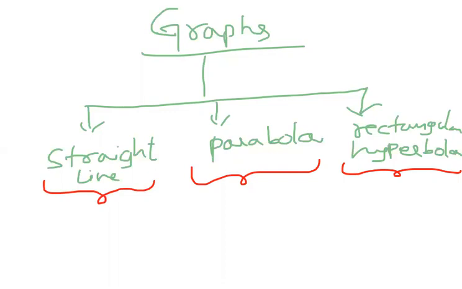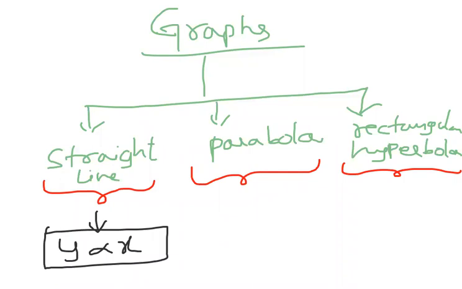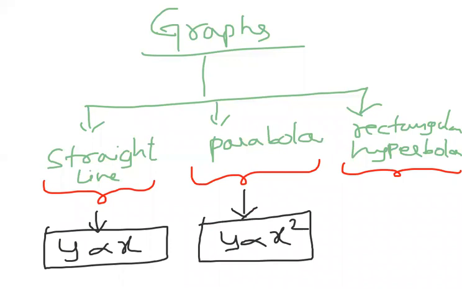Observe carefully here. For a straight line graph, the basic condition it has to satisfy is y is proportional to x. For a curve where y is proportional to x square, we call it a parabola.